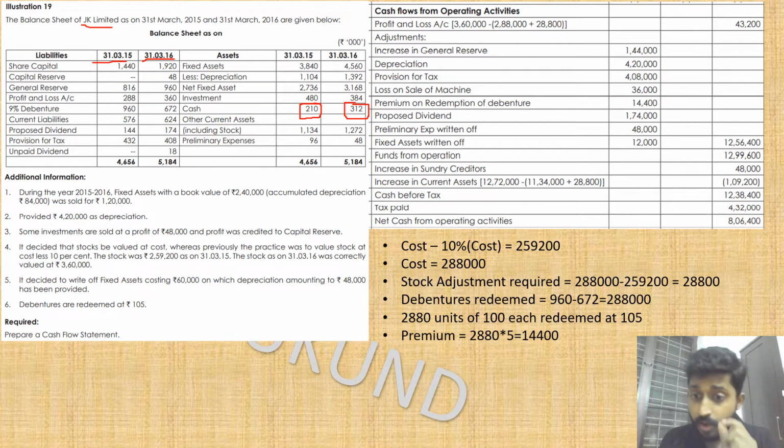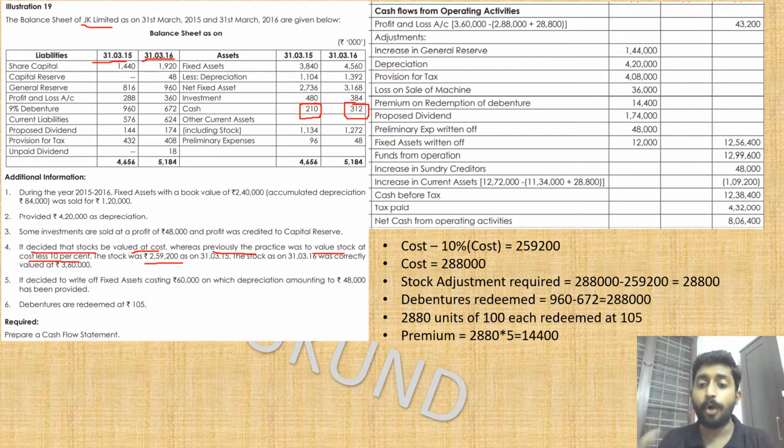Okay, so here one part of the question is very important. It is decided that the stock is valued at cost, whereas previously the practice was to value the stock at cost less 10 percent. In the previous year, a particular item's stock was 2,59,200, and this was valued at cost less 10 percent.